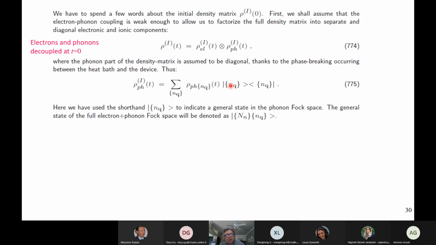This curly bracket means a set of phonons, each harmonic oscillator Q, excited to some state n sub Q. So it's a sequence of all possible excitations. Eventually, I will take it as the equilibrium distribution function here. Okay, is this correct? This is something that we're going to do consistently in the following.